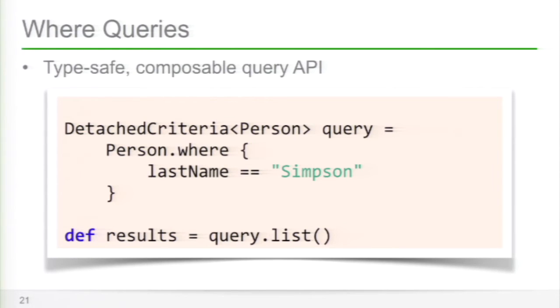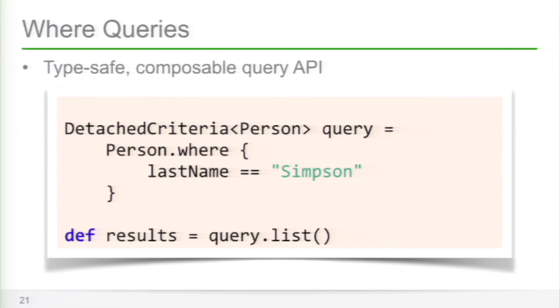So in this case, I'm saying last name equals Simpson. And if I make a spelling error and I spell last name incorrectly, the compilation will fail. And what gets returned is an instance of detached criteria.